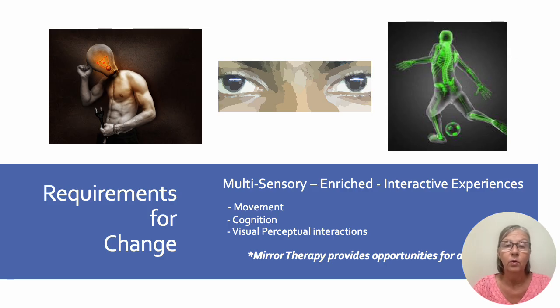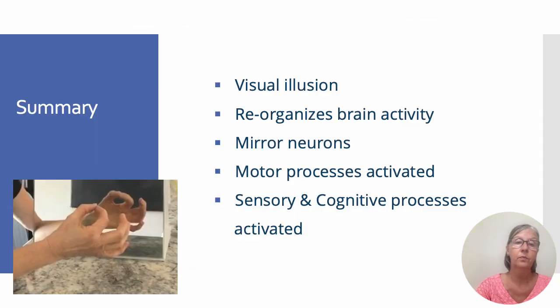This can be difficult to facilitate for a person who has had a stroke, which is why mirror therapy is pretty neat, because it provides opportunities for all three of these to occur. In summary, we are using a visual illusion to reorganize brain activity. We activate the mirror neurons, and in so doing, we are activating motor processes as well as sensory and cognitive processes within the brain.